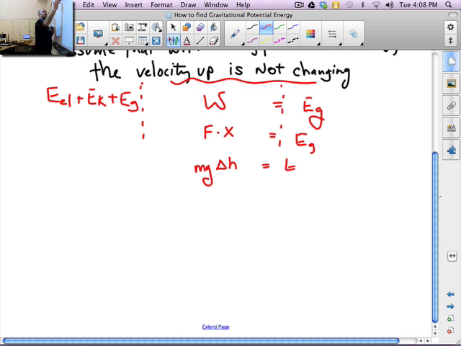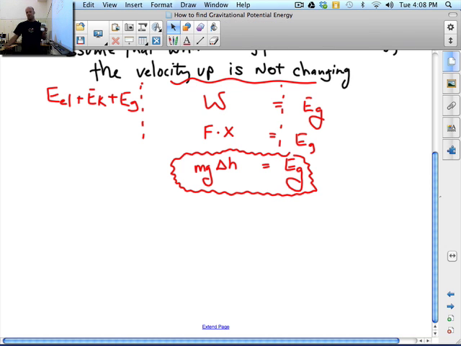And that's going to be equal to Eg. So out of our definition of work comes our definition of gravitational potential energy. It's the mass times the 10 newtons per kilogram times the change in height when you lifted the object.